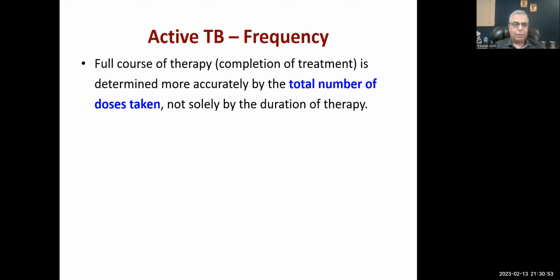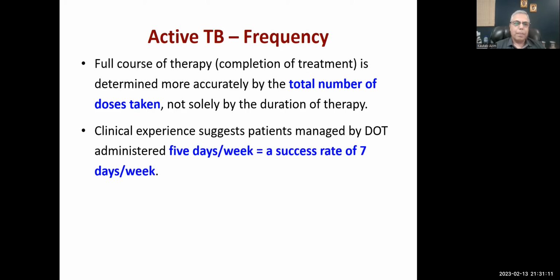So that is why in one of the previous slides, I said you should know the number of doses that the patient needs to take, whether it is daily dose or twice weekly or thrice weekly, 270 doses or 52 doses or 76 doses. You have to remember that.